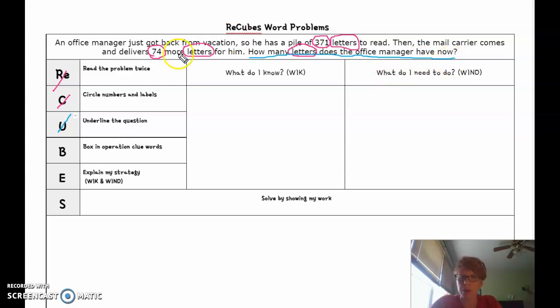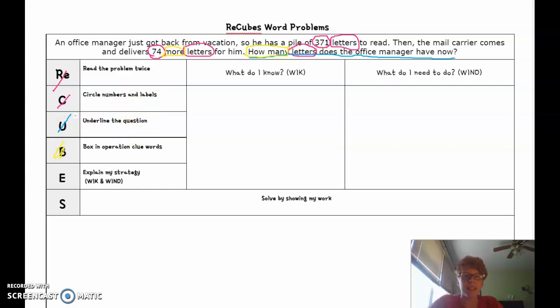I saw the word more. More means you are adding. And then I saw how many. How many lets us know a total. So we are probably adding two numbers together, or more numbers, to get a total. So we have boxed in our clue words.